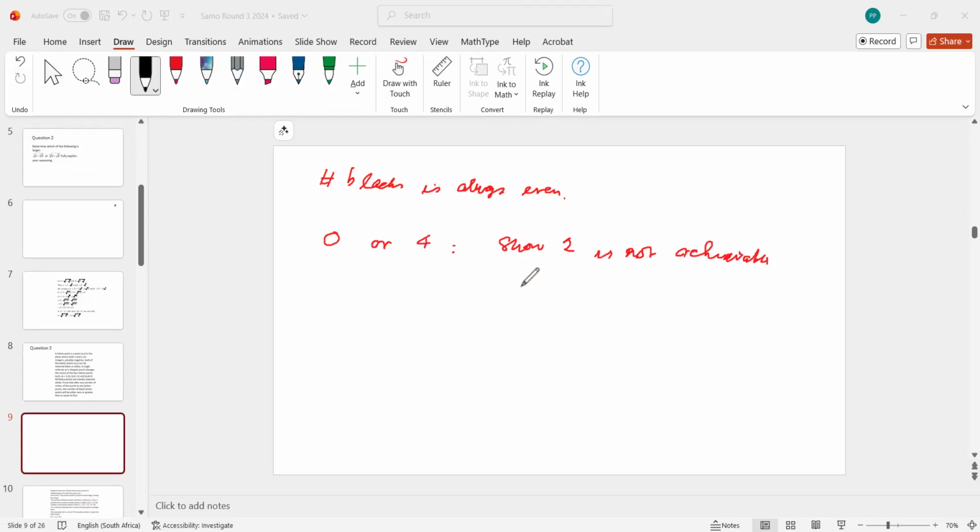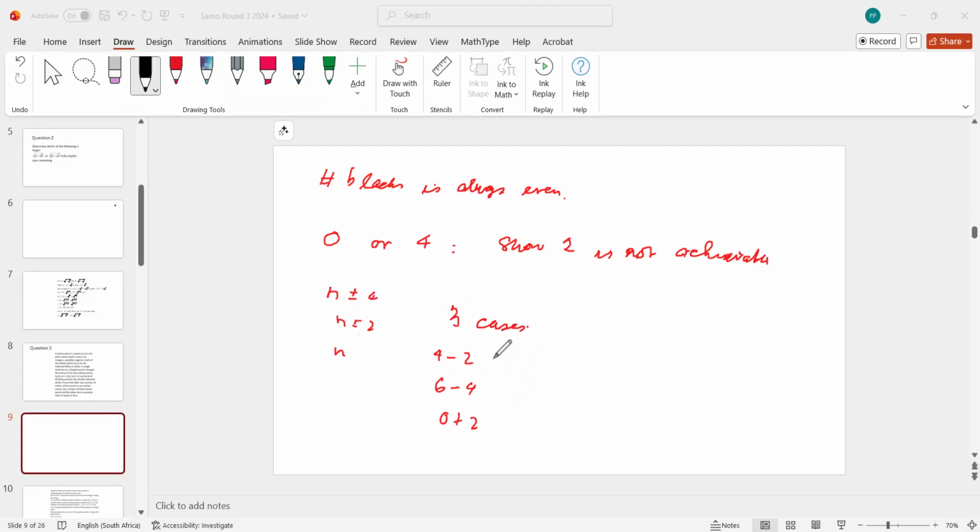Right? Now, for 2 to be achievable, one of these equations must be equal to 2. You can try it out and you can see that there are only 3 cases. You'll have 4 minus 2 equals 2, or you will have 6 minus 4 equals 2, or 0 plus 2 equals 2. These are the only ways in which you can get exactly 2 from these.